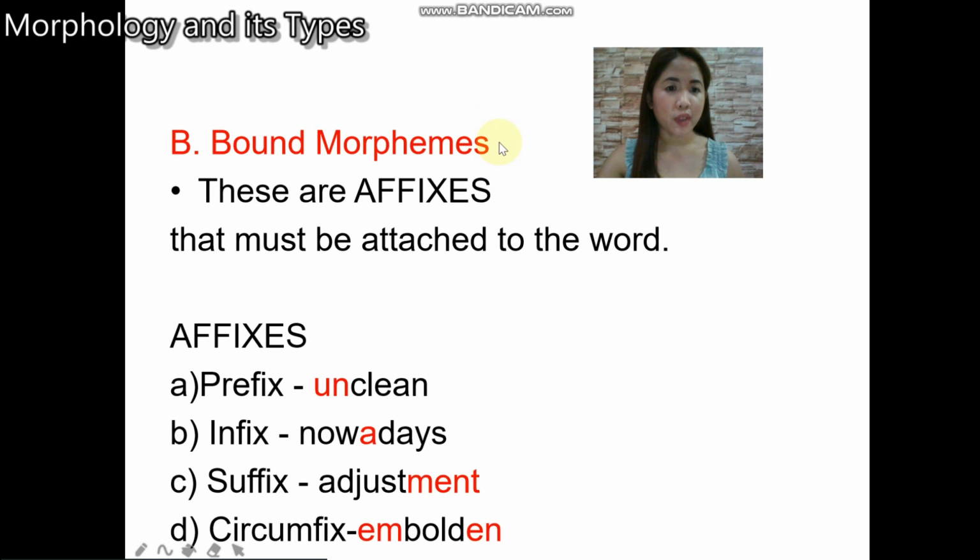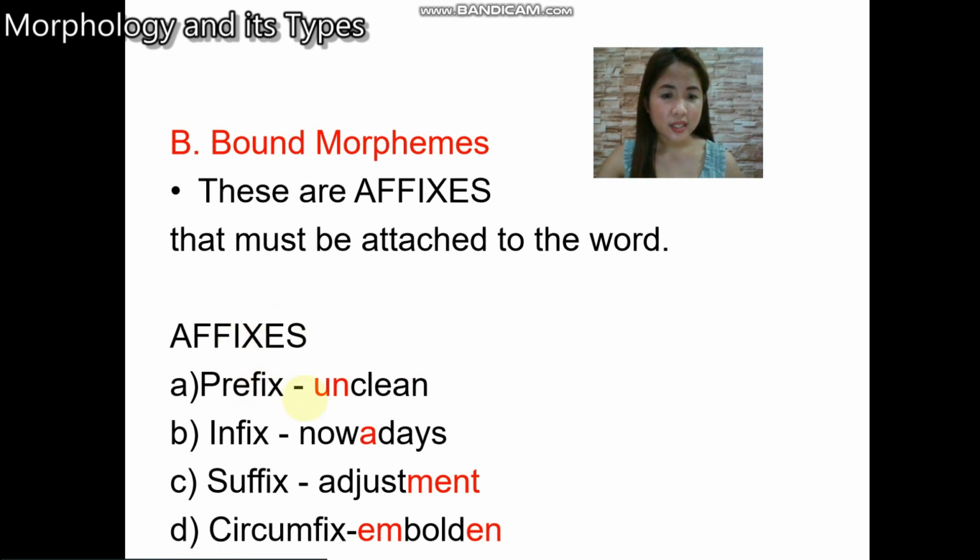After the free morpheme, we now have the bound morphemes. Bound morphemes never exist as words themselves, but they are always attached to some other morphemes. Examples are affixes. The types of affixes include the prefix, the infix, the suffix, and the circumfix.